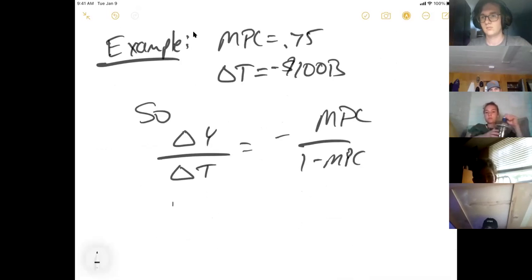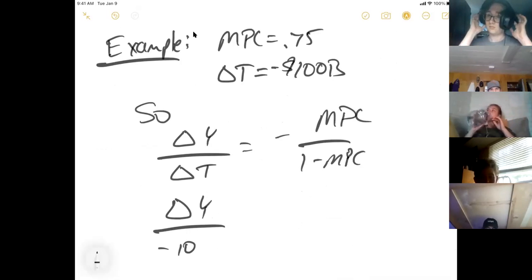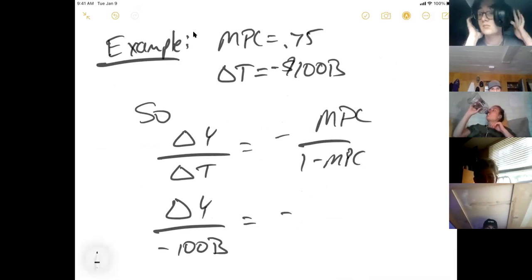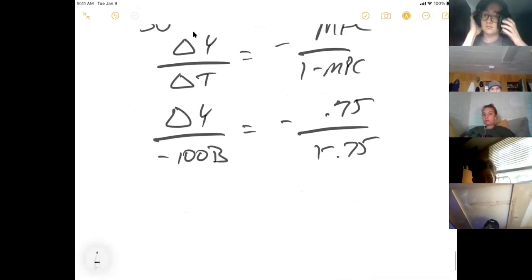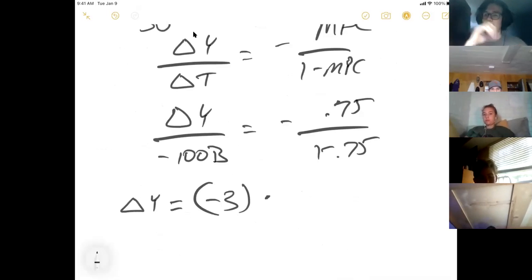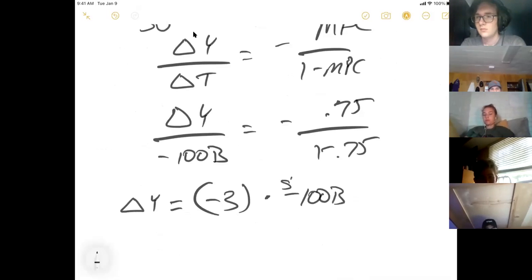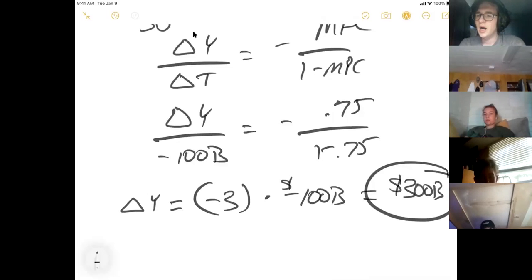We just plug everything in. Okay, plug everything in. What do we get here? Here, output goes up by 300 billion.